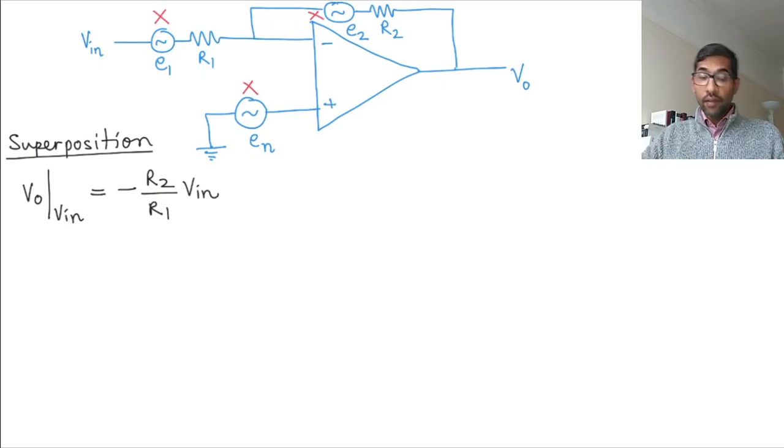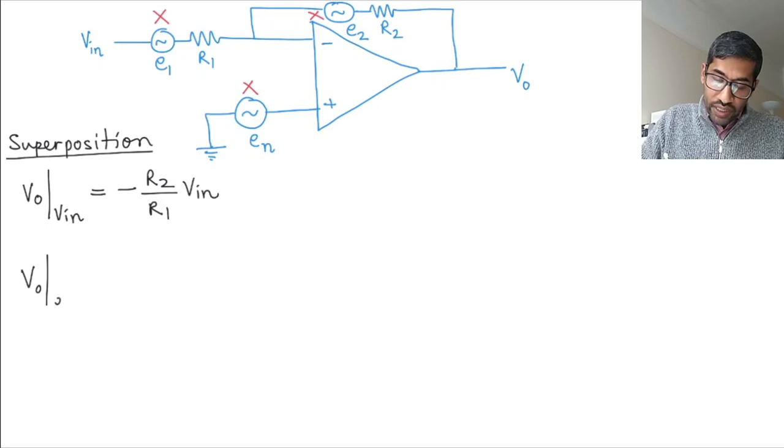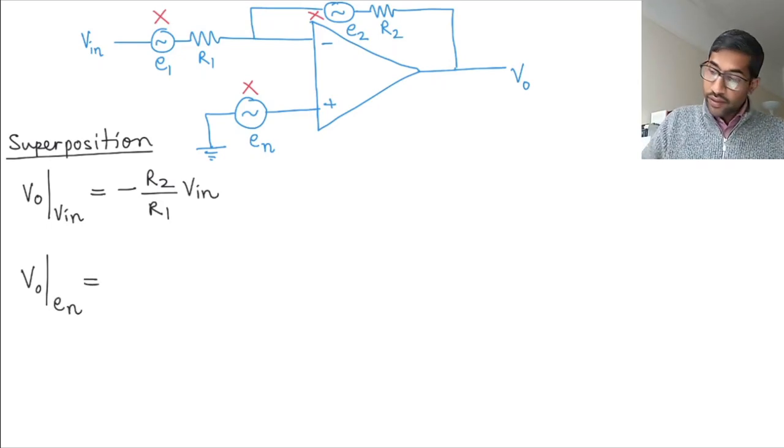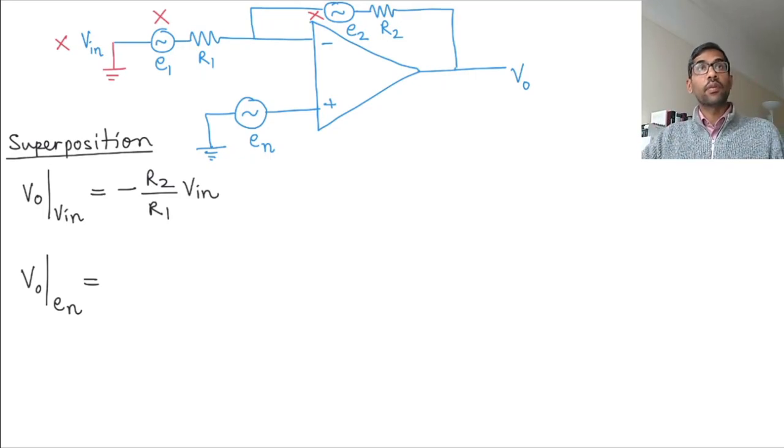Now let's evaluate Vout because of En, which is basically this source. In that case, we want to make the source Vin into a 0. If it is 0, basically what we are saying is this is connected to ground.